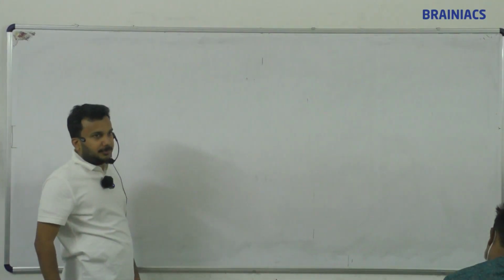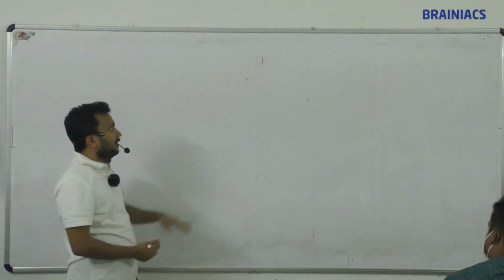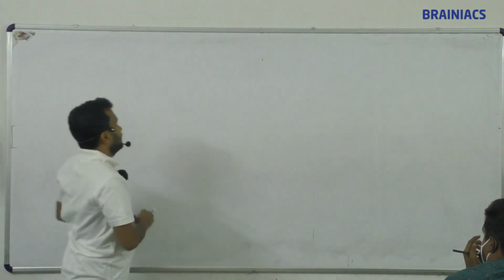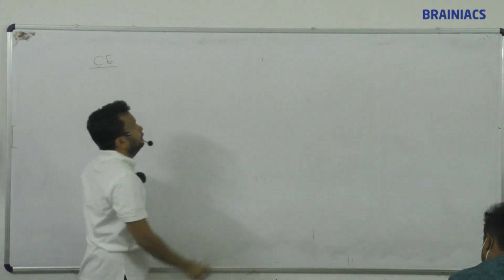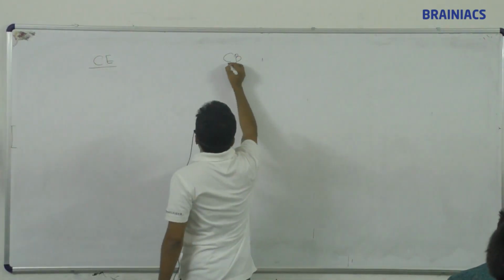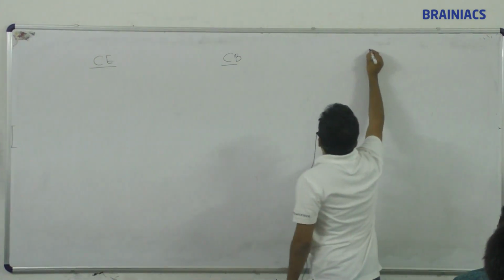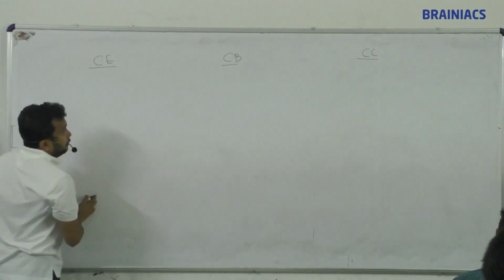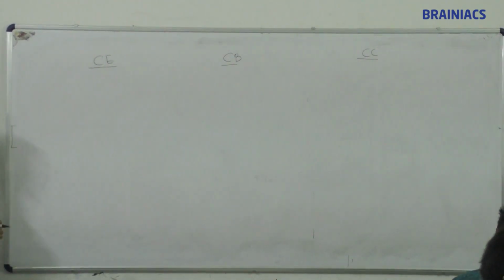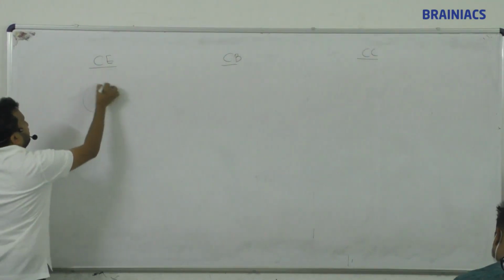Common emitter, common collector, common base. Three configurations. First we learn CE, common emitter, then common base, CB, then common collector. This common emitter you may have to write in the exam.